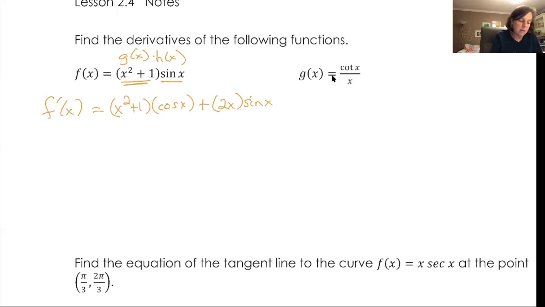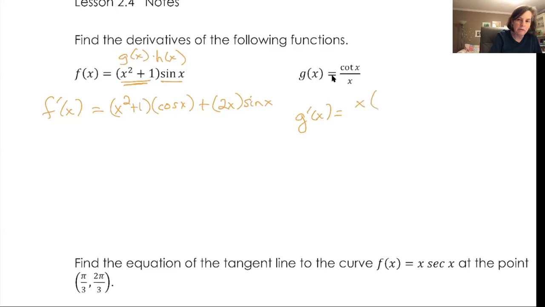All right, this derivative of g of x equaling cotangent x over x, it is the quotient of two functions, so I'm going to be using the quotient rule. Say it: low d high minus high d low, all over the square of what's below. All right, I can almost hear you. Okay, so low is x.